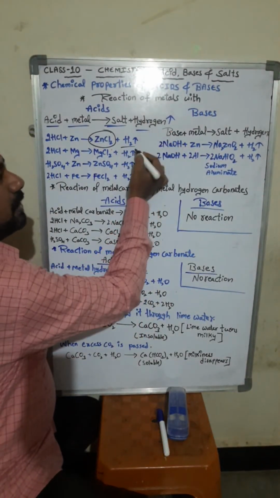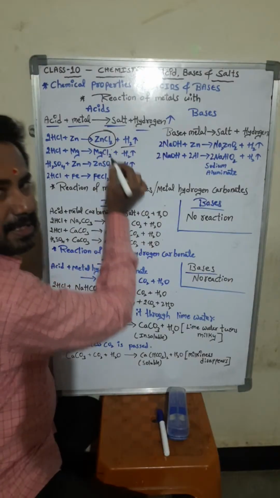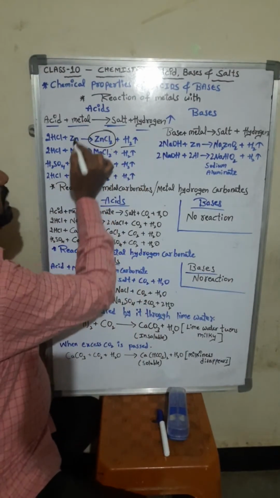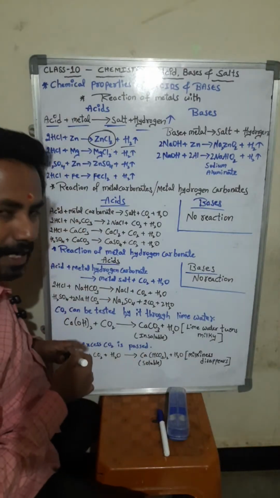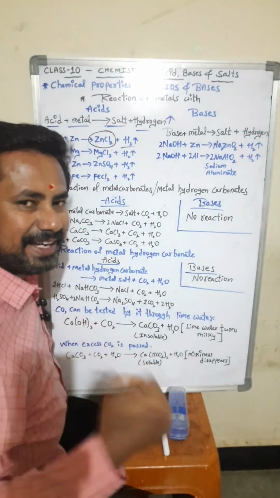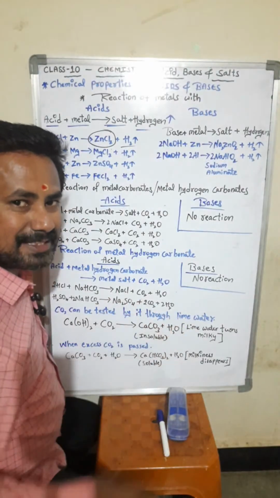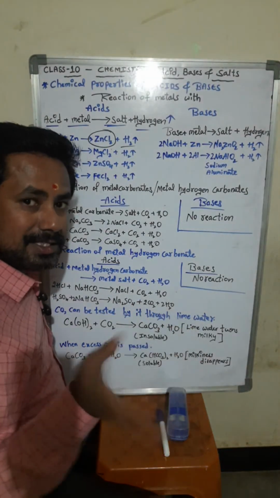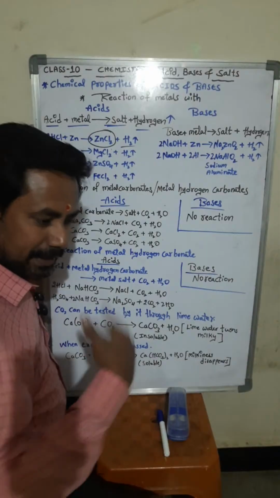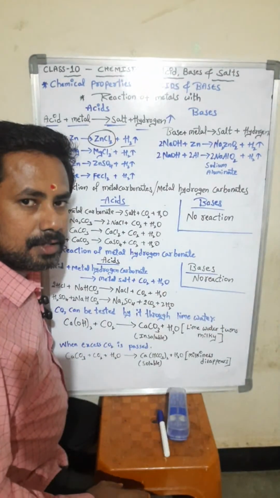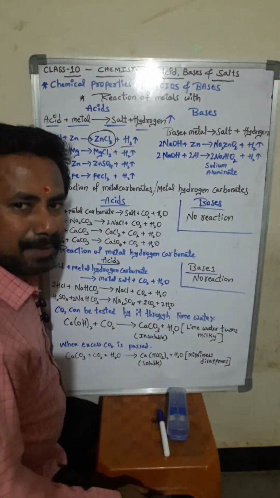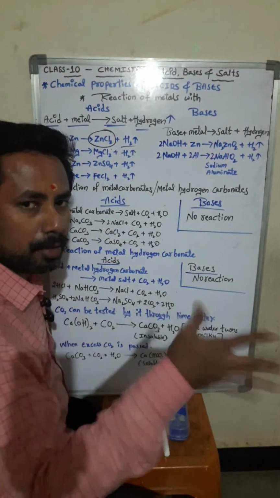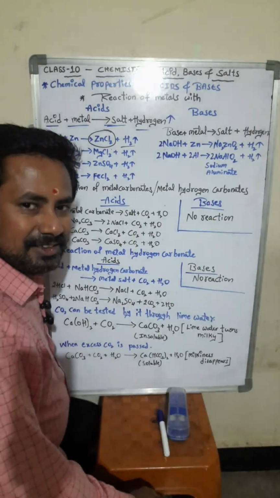Salt ZnCl2, metal zinc, acid hydrochloric acid. Understood? Very easy. When hydrochloric acid reacts with zinc, it gives the metal salt ZnCl2, zinc chloride, and hydrogen gas is liberated. Clear?